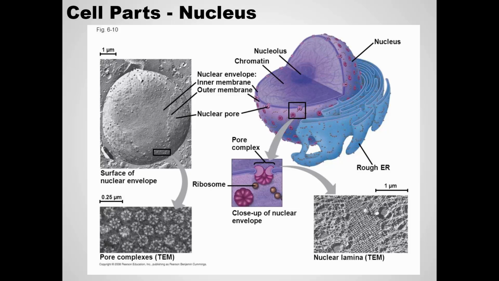So that is an illustration, but if you look at actual electron microscope images of the nucleus as a whole, you look at the surface with greater magnification, these pores, these little circles, you can see them in there. Those are the pores where things can move in and out of the nucleus.